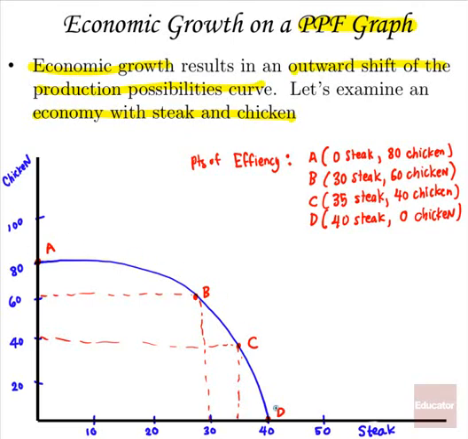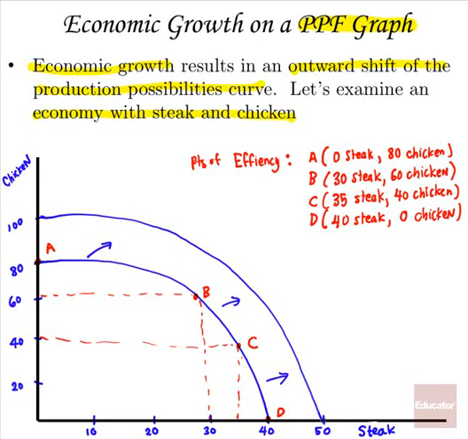Now, how would economic growth be defined? Again, let's say you invest in technology that makes chicken reproduce at a more efficient rate, or the way that cows are produced and slaughtered for its steak. Let's say there's a more efficient technology that creates this steak here. Then what happens is that there's an outward shift in the production possibilities frontier, and it's exemplified by this here.